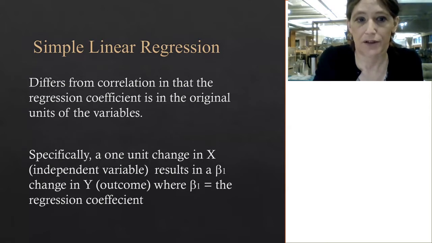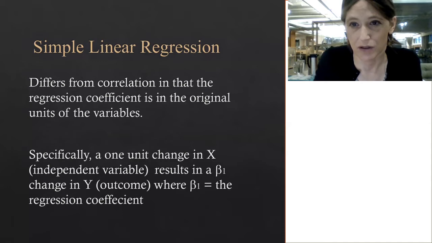When we do a linear regression model, it states the relationship in the original units of the variables. The correlation coefficient actually uses standardized versions of each variable, where it first takes the mean and divides by the standard deviation, and that's what allows us to make comparisons across different correlation coefficients. Linear regression will actually be in the units of the variables themselves.